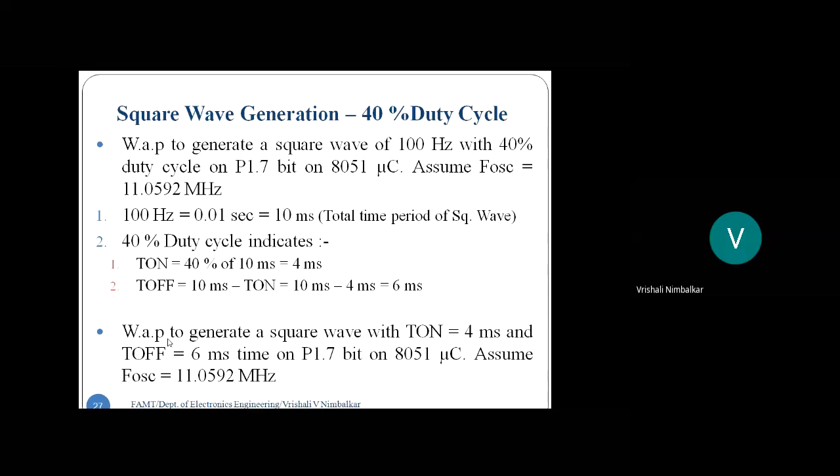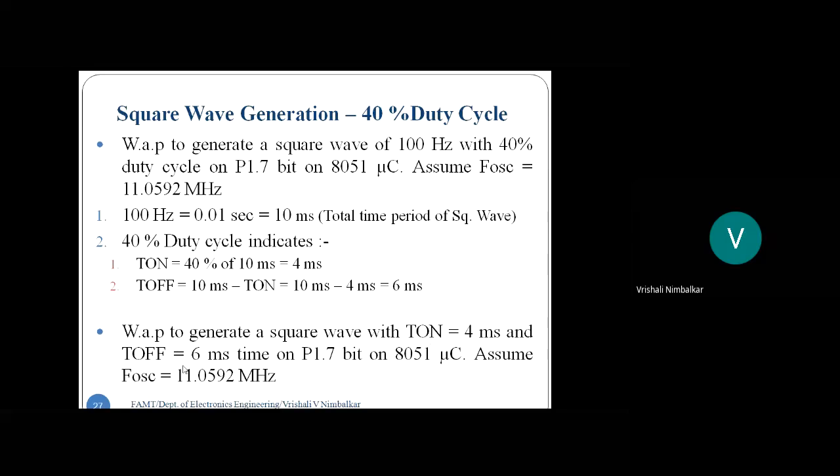See, what is the statement? The same program can be mentioned as: write a program to generate a square wave with on time 4 milliseconds and off time 6 milliseconds on P1.7 bit of 8051 microcontroller. Right? Assume oscillator frequency is 11.0592 megahertz.